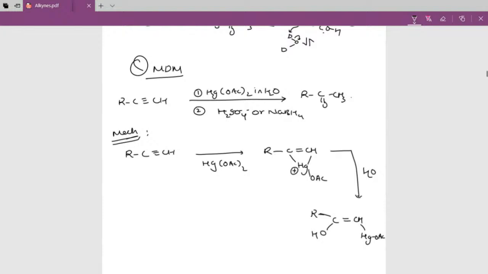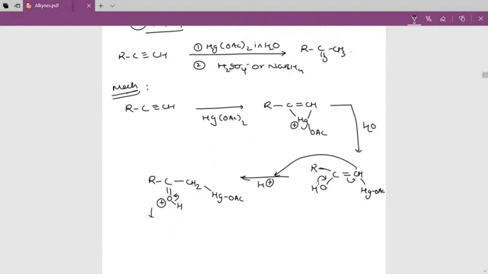Now, as I formed this, if H2SO4 is given, this will react like this: RC double bond OH positive, single bond CH2 HgOAc. This will be released.